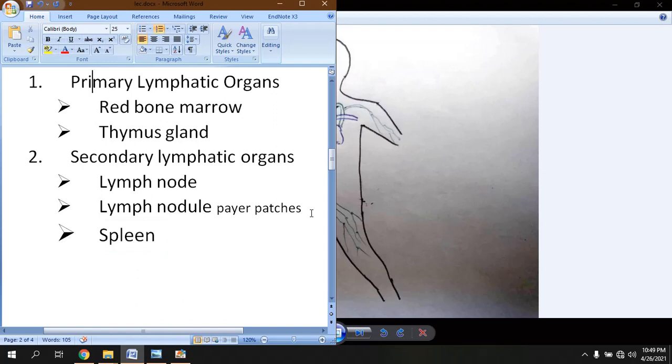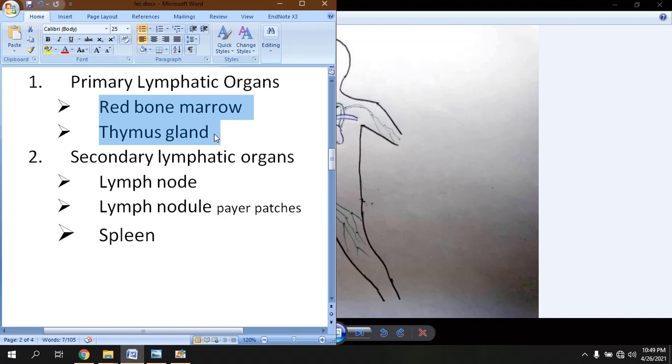What is the difference between primary and secondary lymphatic organs? The primary organ is responsible for the formation and maturation of lymphocytes. Lymphocytes are the cells which are responsible for the defense mechanism of the body, and which are there in the lymphatic fluid.